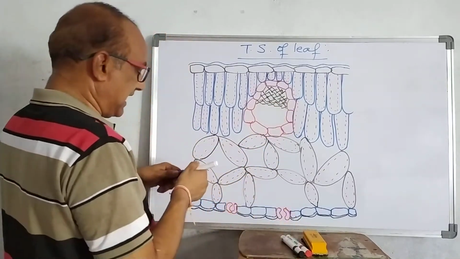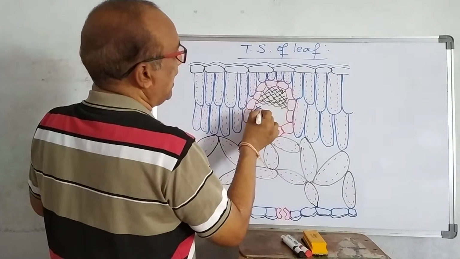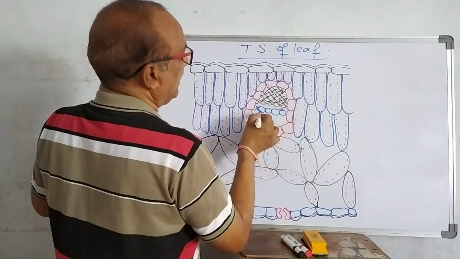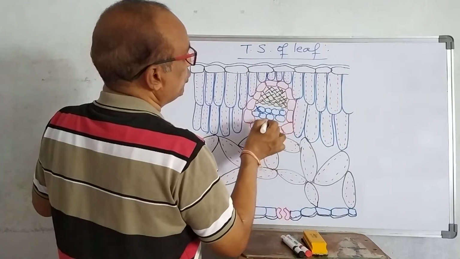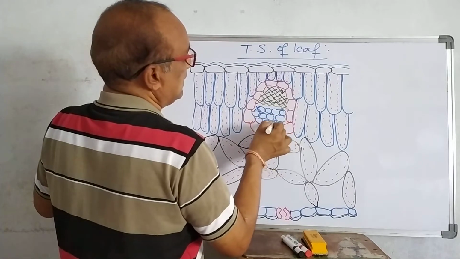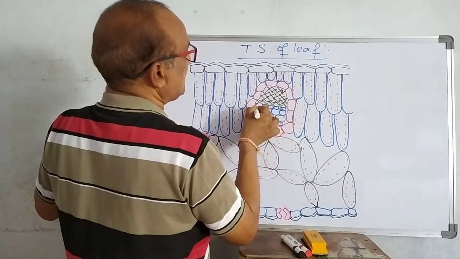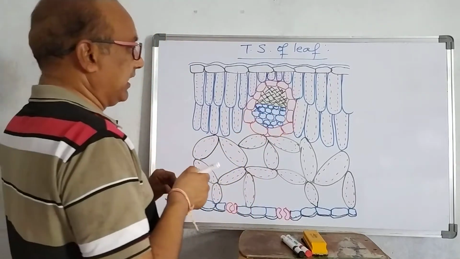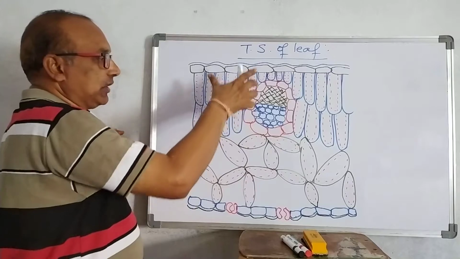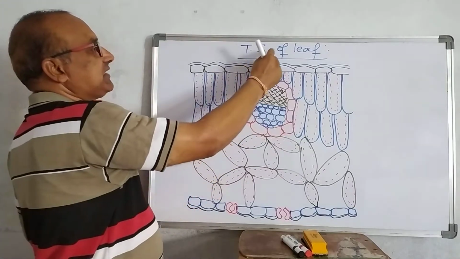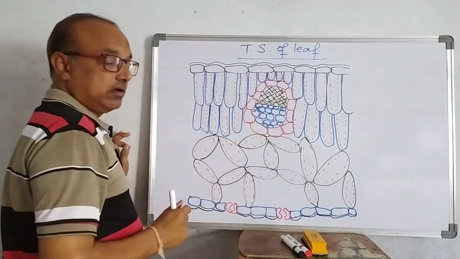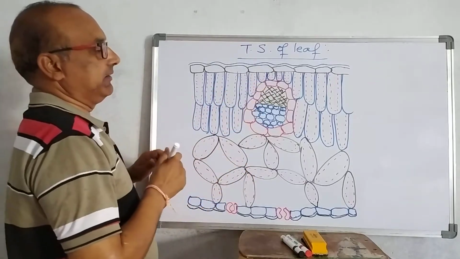Those are named xylem, and down we may find the smooth cells, which appear smooth in nature, called phloem. So in this way, the transverse section of leaf we can draw in a simple manner.